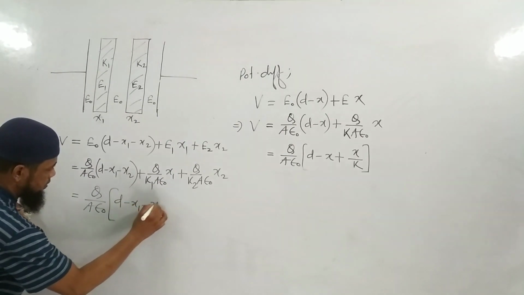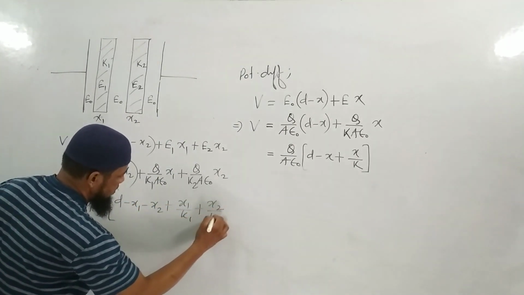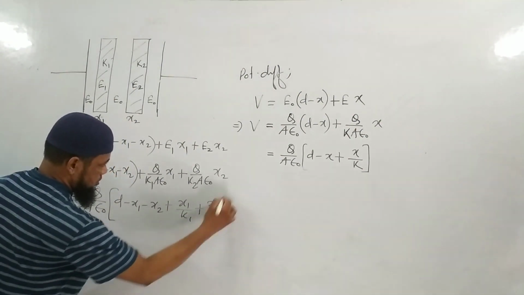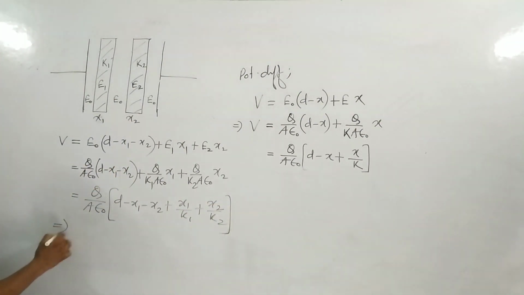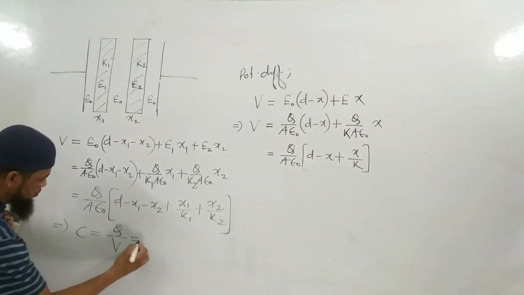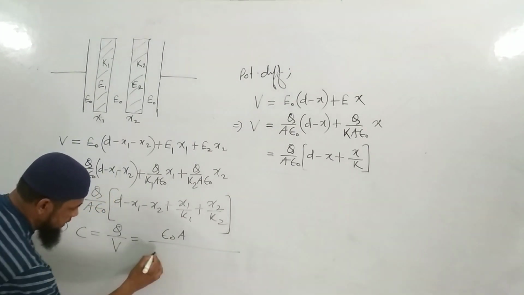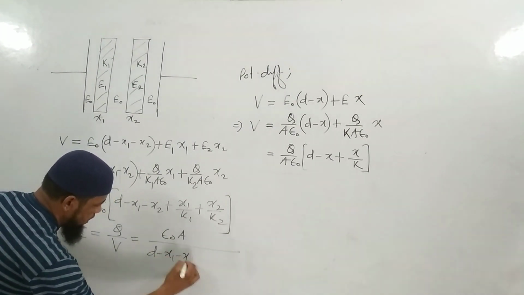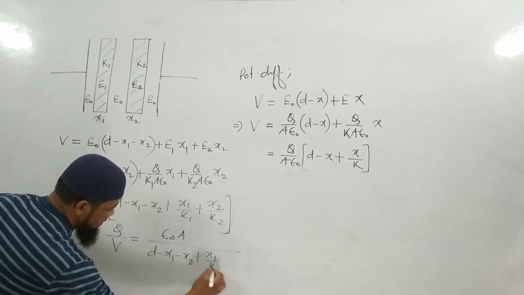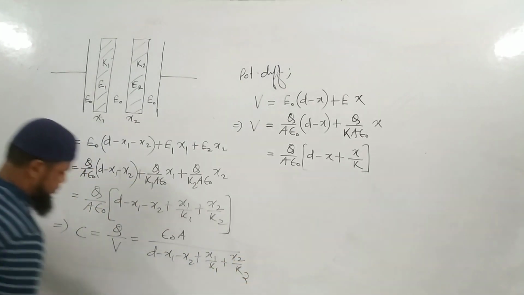D minus X1 minus X2 plus X1 by K1 plus X2 by K2. And from here, your capacitance will become Q upon V, which is epsilon naught A divided by D minus X1 minus X2 plus X1 by K1 plus X2 by K2.